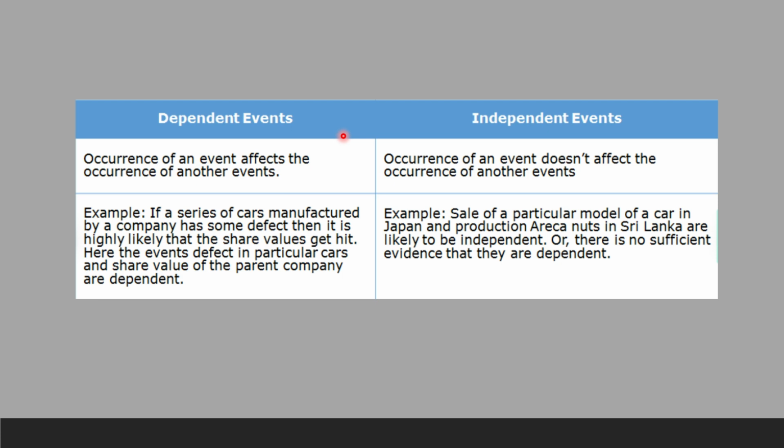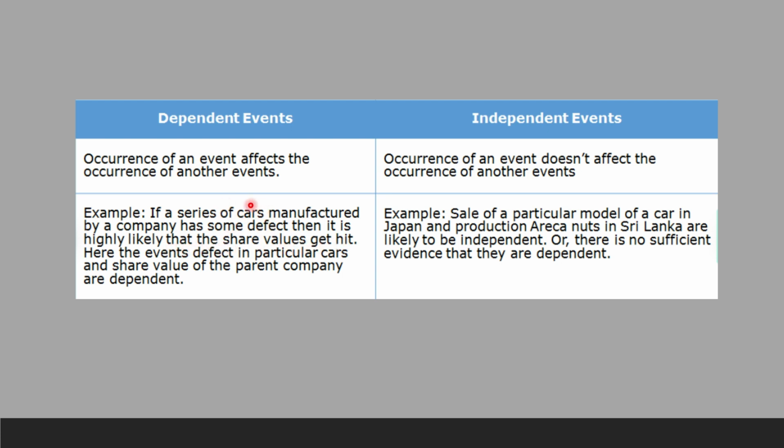so there are two types of events which can occur. One is dependent event and the other one is independent event. Dependent event is when the occurrence of an event affects the occurrence of another event. For example, if a series of cars manufactured by a company has some defect in it, it is highly likely that the share values get hit.